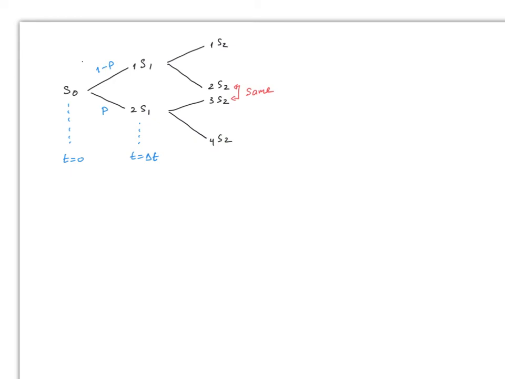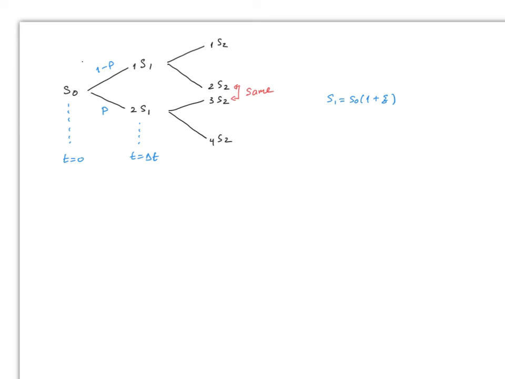Remember that this means that S1 can go here or can go here, and S2 can be here, here, or here. So recall that S1 is essentially S0 times 1 plus K. Well, remember K has two values, and I will give you this one or this one if it goes up or if it goes down.